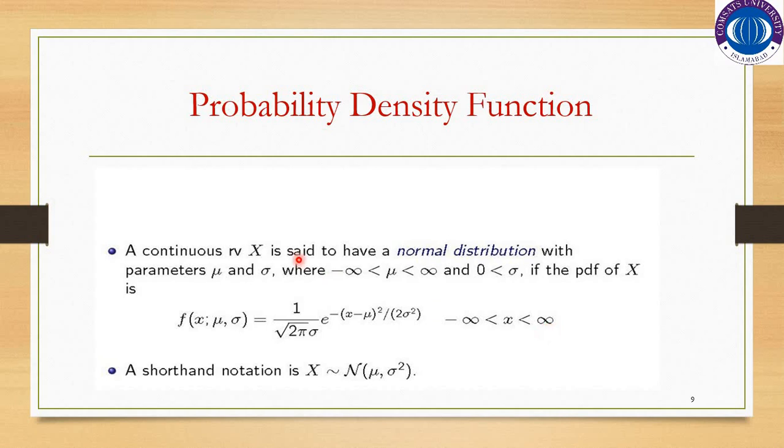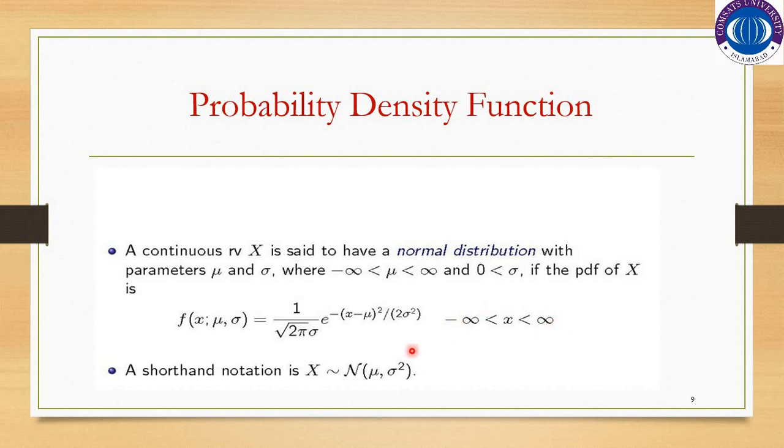Probability density function. A continuous random variable x is said to have a normal distribution with parameters mu and sigma, where the range of mu is from minus infinity to infinity, and the standard deviation sigma should be greater than 0, if the probability density function of x is 1 over under root 2 pi sigma, where sigma is outside the under root, e raised to the power minus (x minus mu) whole square over 2 sigma square, where the range of the random variable x is from minus infinity to infinity.